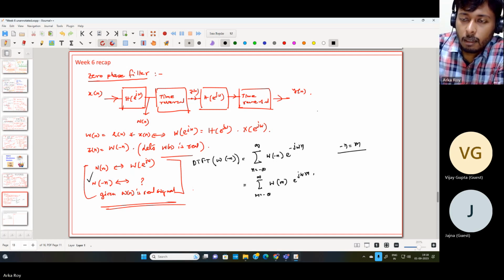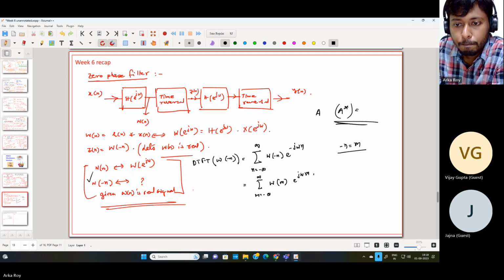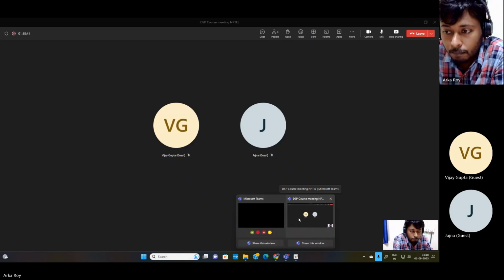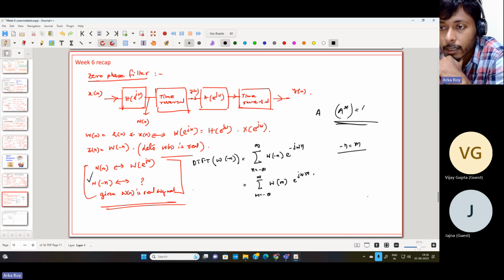Now, let's say there is a real value a, and if I take the conjugate of any real value, what will be the output? If I take the conjugate of any real value, I will get the same result.